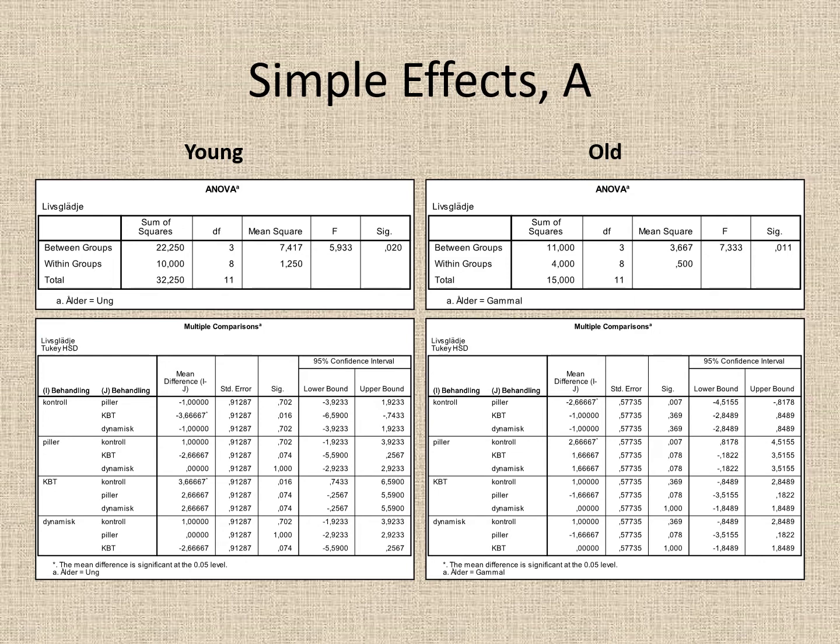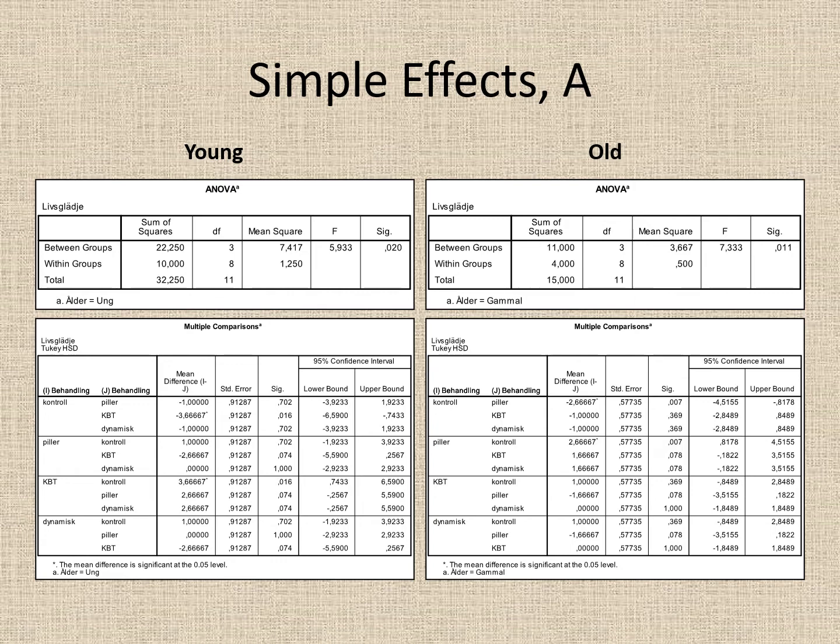So here we have every pairwise comparison. And just to be sure, we even have them twice in both directions. So it works like this. Here we have control group. Control group compared with the pill group. Mean difference -1.